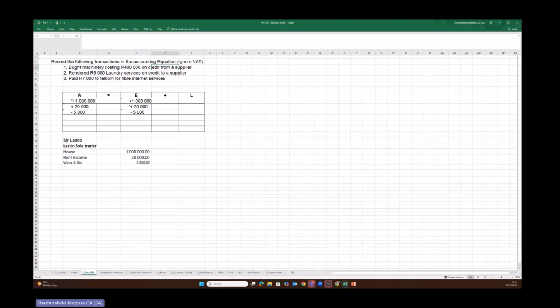Only if they say the owner or shareholder has donated something to the business, and probably there will be only one in an entire scenario. All the other transactions are income, expenses, assets, liabilities.